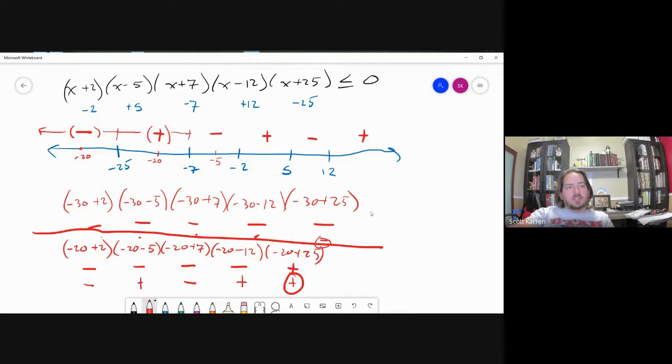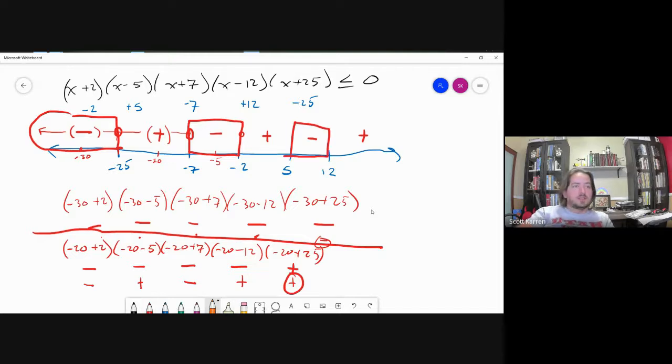But to answer the question then, where is this less than or equal to 0? Well, each of these lines right here is where it is a 0. So there's a 0, there's a 0, there's a 0, right? Where is it less than? Well, it's on all of these negatives, and then we include that 0. So there, there, and there.